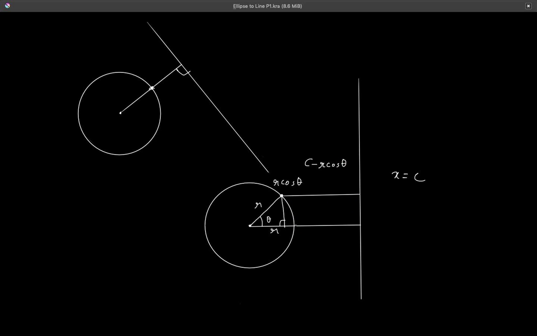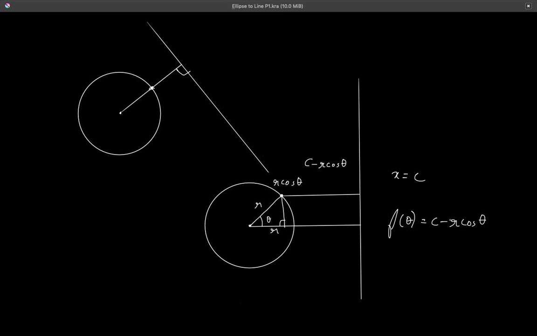In fact, this holds for any terminal angle theta, so we can pretty much choose any point on the circle. This becomes a matter of minimizing the function f of theta equals c minus r cosine theta. This is fairly easy to minimize.